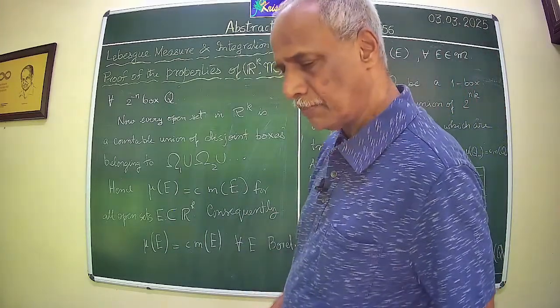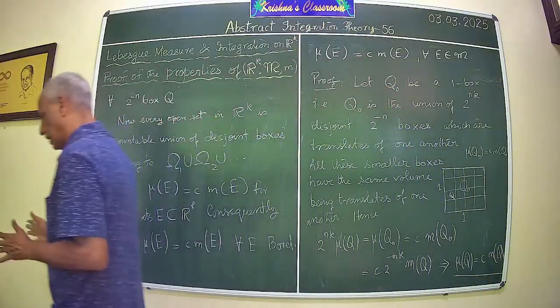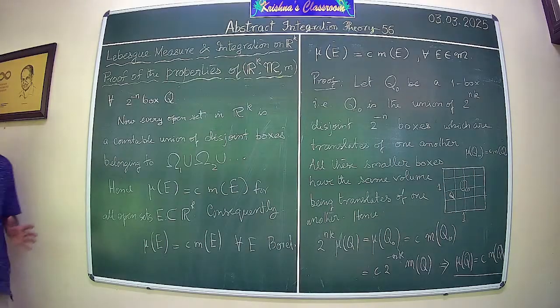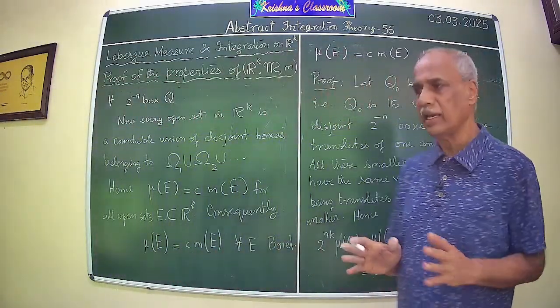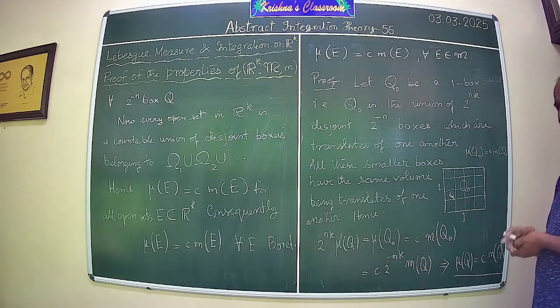Okay, so the importance of this theorem is that every other measure having the basic properties of the Lebesgue measure is only a scalar multiple of the Lebesgue measure.